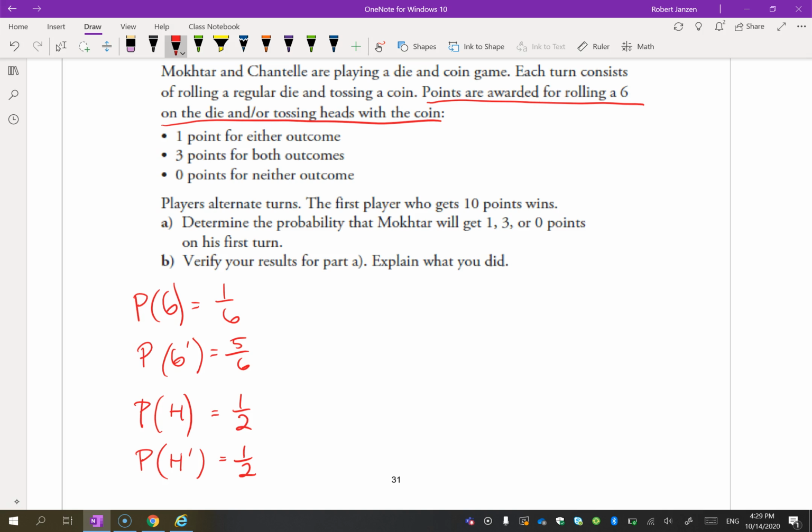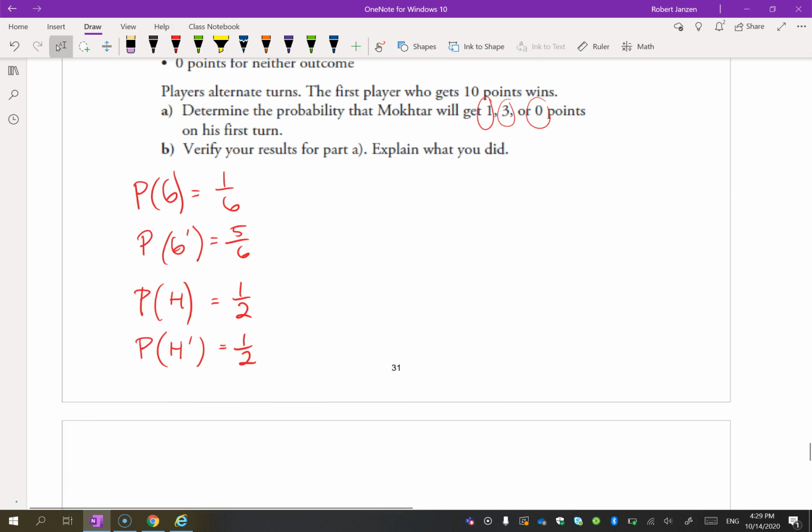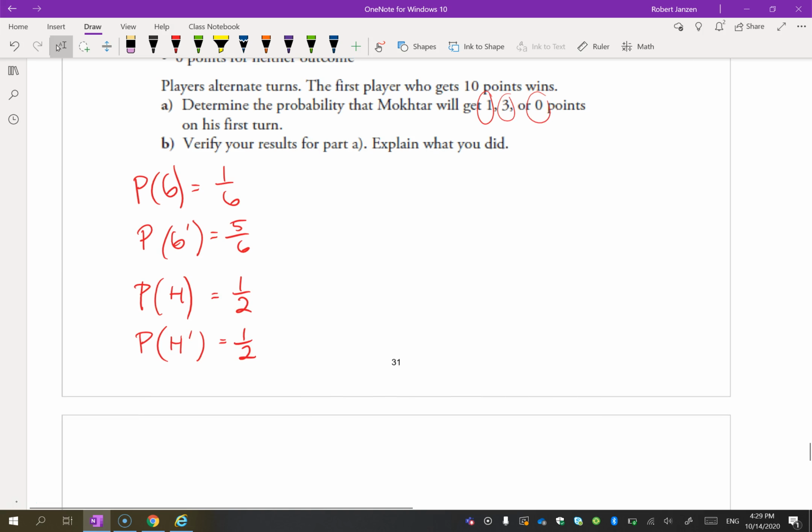Then let's make a tree diagram, okay? Because we have a couple of scenarios that are going to happen. Determine the probability that Mokhtar gets 1, 3, or 0. We're going to have to look at each of those 3 probabilities. Okay, so before we do this, let's make a tree diagram here. So first you're going to take the die, and either you're going to get a 6 or not 6.